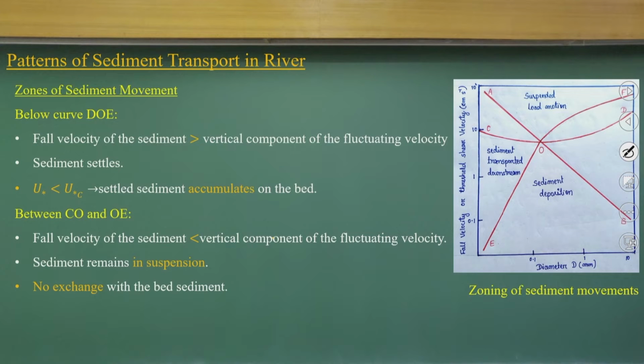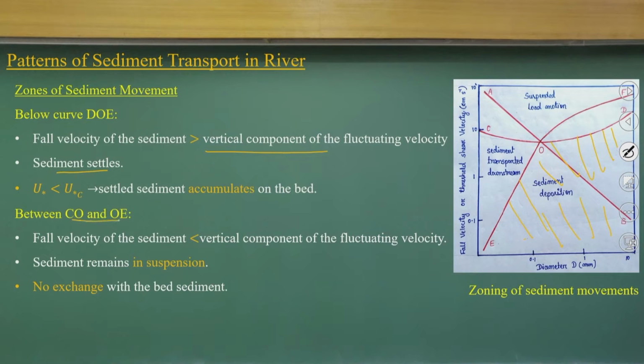These are the regions where the fall velocity is greater than the vertical component of fluctuations. That is the reason sediments try to deposit. So, this is the sediment deposition region, where the fall velocity is higher than the fluctuation velocity component.